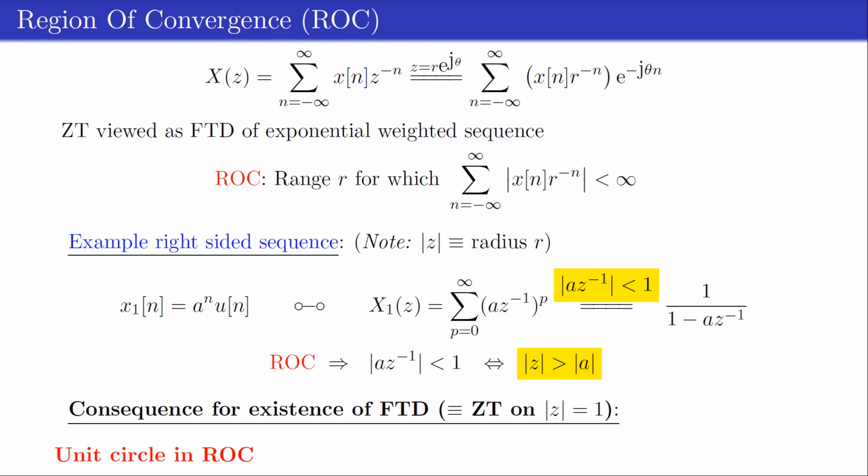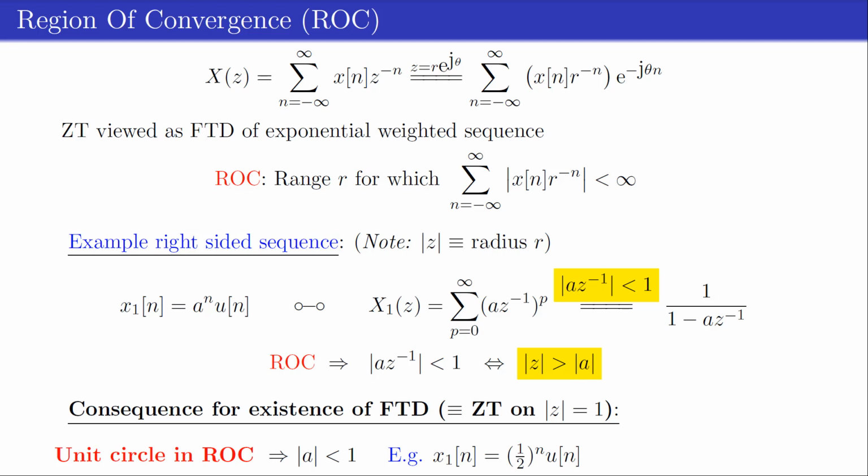As mentioned before, the FTD can be viewed as the evaluation of the z-transform on the unit circle z is e to the power j theta. In other words, the FTD of the sequence x1[n] only exists in case the unit circle is inside the region of convergence, which implies that the absolute value of the parameter a has to be smaller than 1.